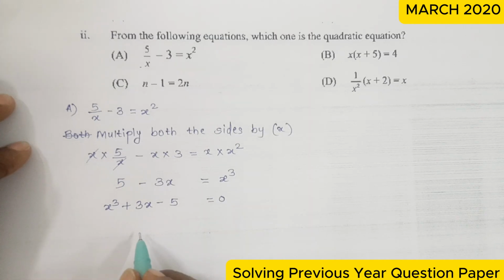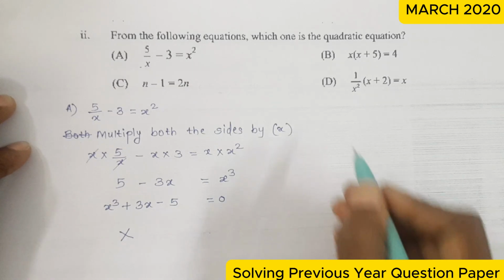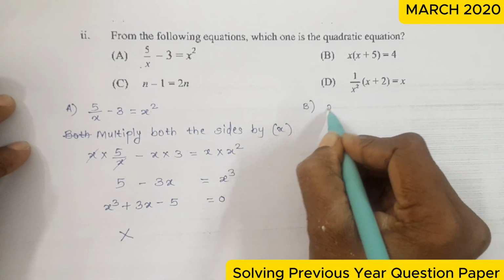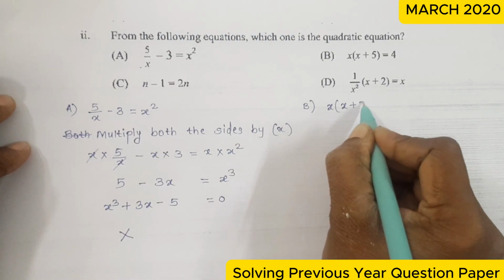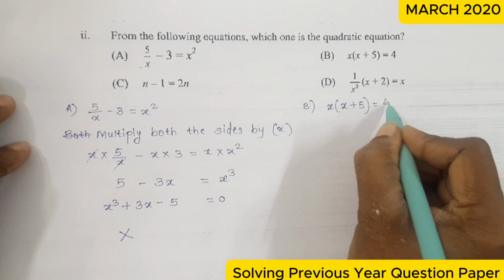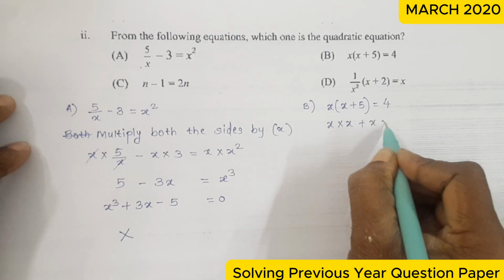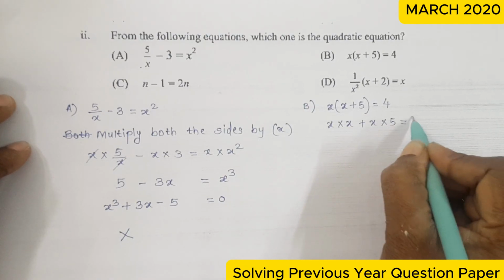So now here students, this is not a quadratic equation because the degree is 3. Highest degree is 3. So it is not a quadratic equation. So now we check the next option, that is B. x multiply x plus 5 is equal to 4. Then I multiply x plus x multiply 5 is equal to 4.